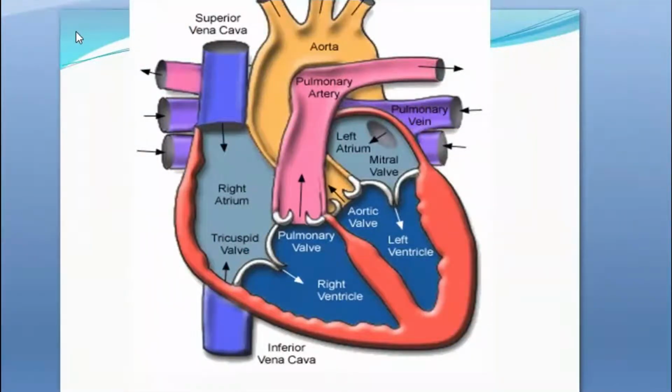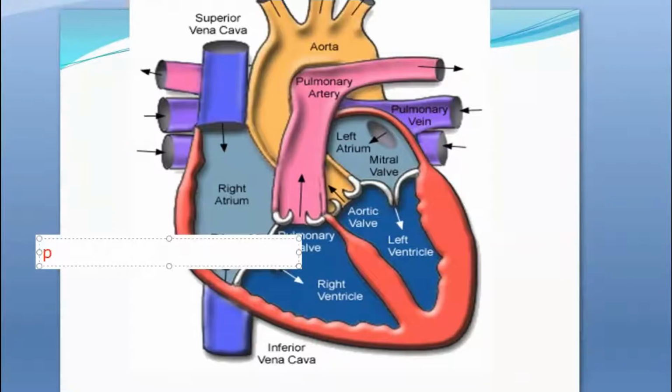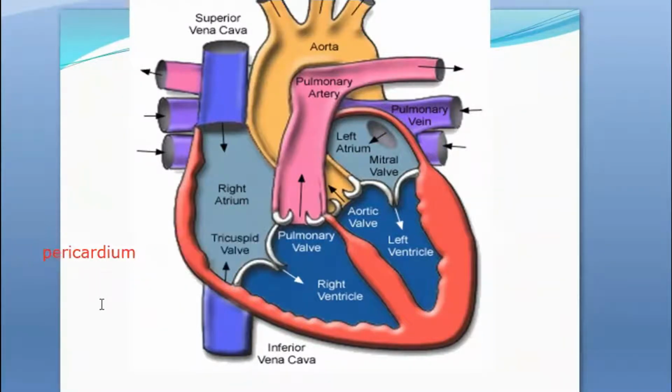It is known as pericardium. It is a double layered membrane. See, this is the pericardium.